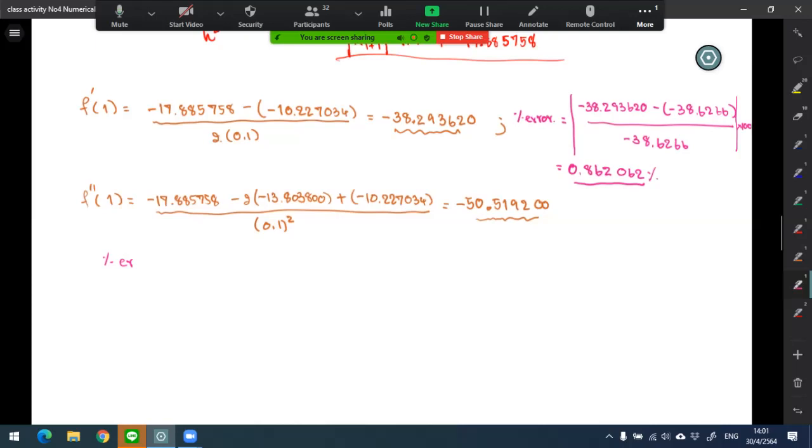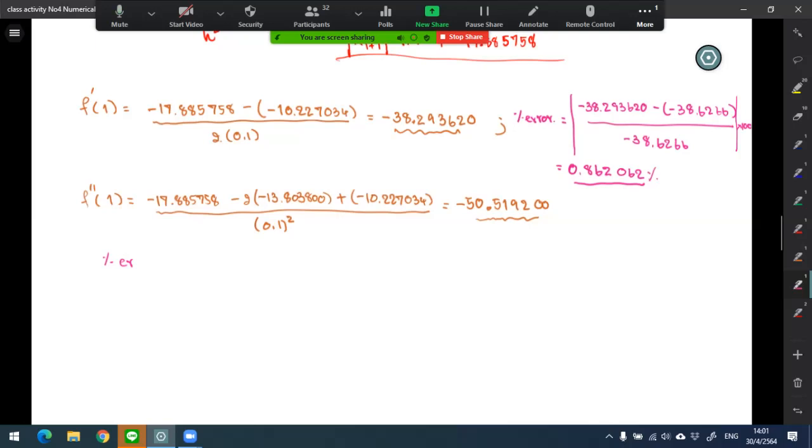That is maybe acceptable. So the step size for research is maybe less than 0.1, maybe h equal to 0.01 or something. You may try it by yourself. If we use h equal to 0.01, what happens? You may try it by yourself to find the solution.